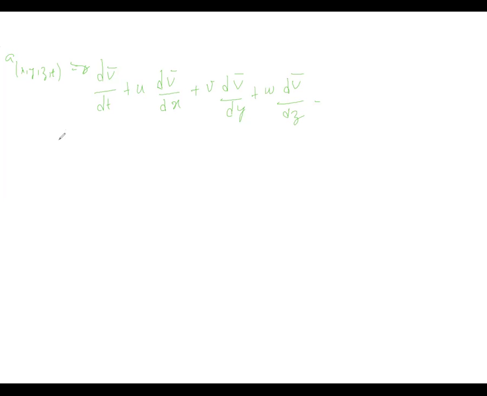The given velocity vector field is equal to 4 by t plus x plus y in the j component, meter per second.